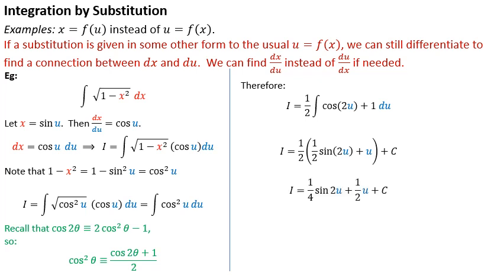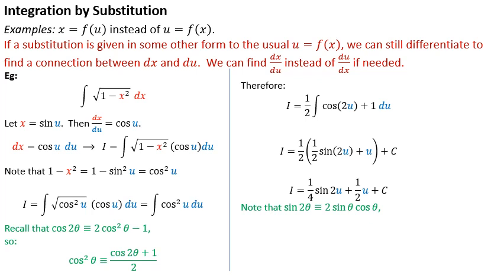That we can simplify down a little bit. We get a quarter of sine 2u plus a half of u plus a constant. And don't forget, after all of this work, you still have to go back and rewrite this thing in terms of x. Well, to do that most simply, it's probably going to be helpful to change sine 2u back into something involving sine and cos.